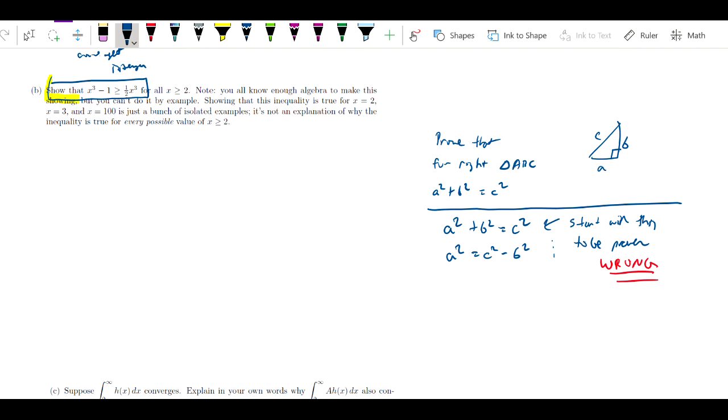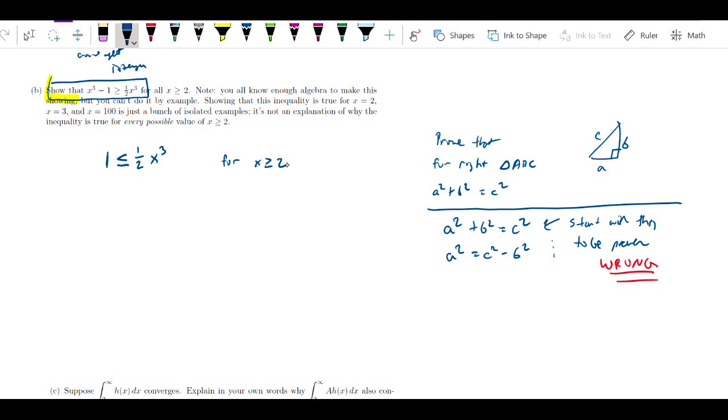All right, so let's do this. Let's start with the statement that 1 is less than or equal to 1/2 x cubed for all x greater than or equal to 2.